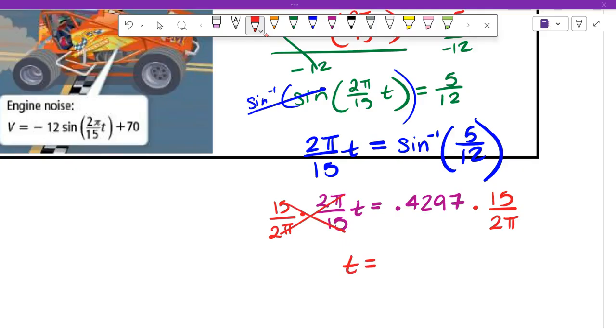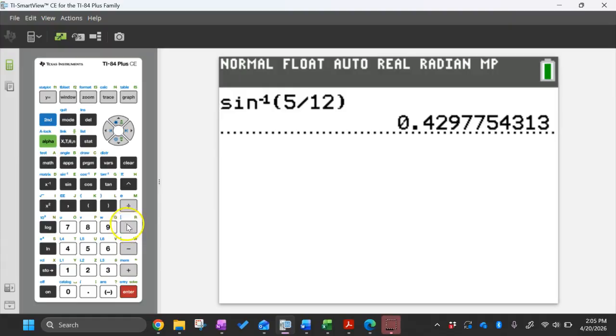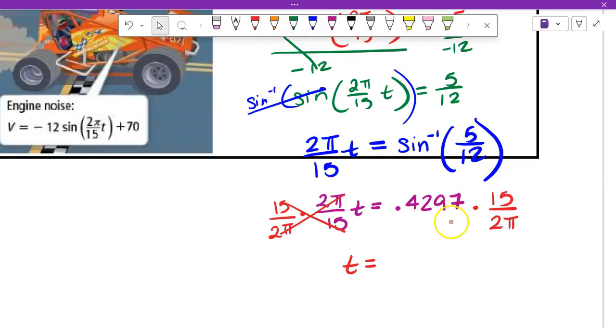And so keeping it exact, I'll take my calculator and put this in and multiply by 15 over 2 pi. This way I have an exact decimal that hasn't been rounded until the very end, and it is 1.026. So I have 1.026 minutes, because the problem says that it was in minutes.